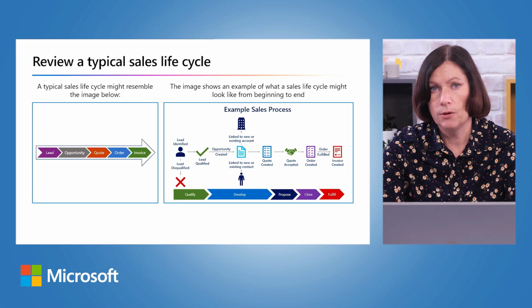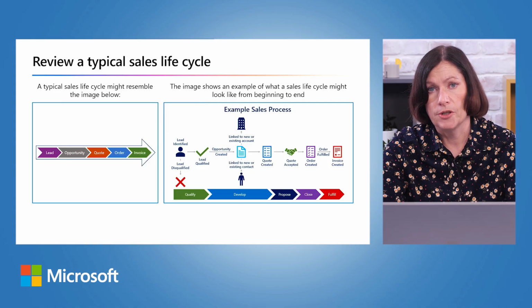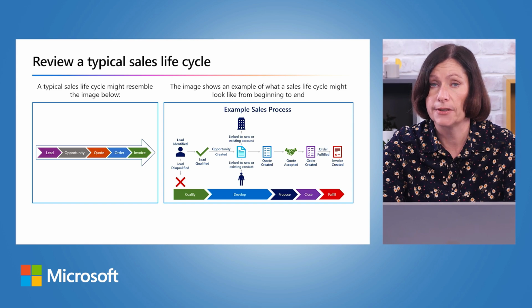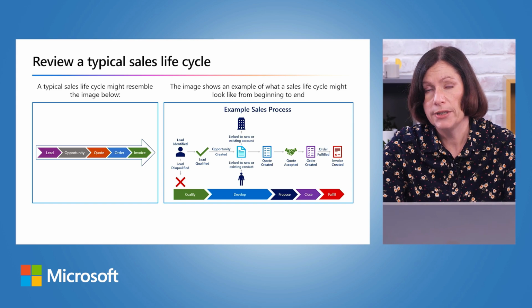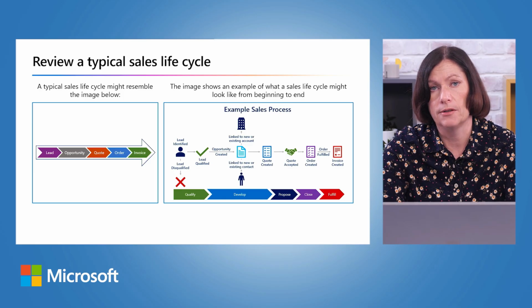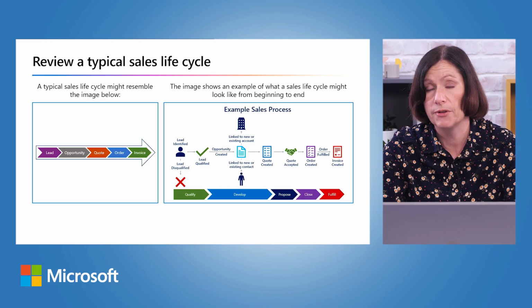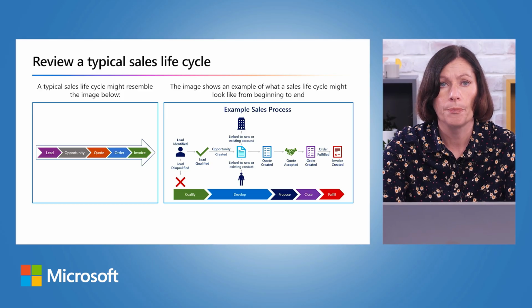Now let's look at a typical sales life cycle. As you can see in the image, different sales record types correspond to various stages in the sales process. Qualify: a potential lead is identified and qualified. Develop: an opportunity is created and other details such as the products and services they're interested in, estimated revenue and timelines are added to the opportunity.